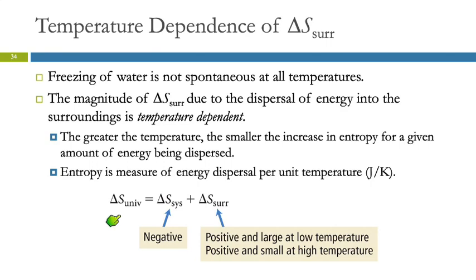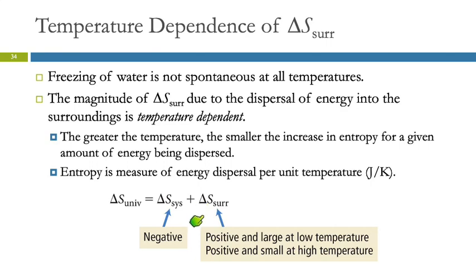So the change in entropy for the universe, the change in entropy, not energy, entropy, energy. At least I didn't say enthalpy. The change in entropy for the system for water freezing is negative.